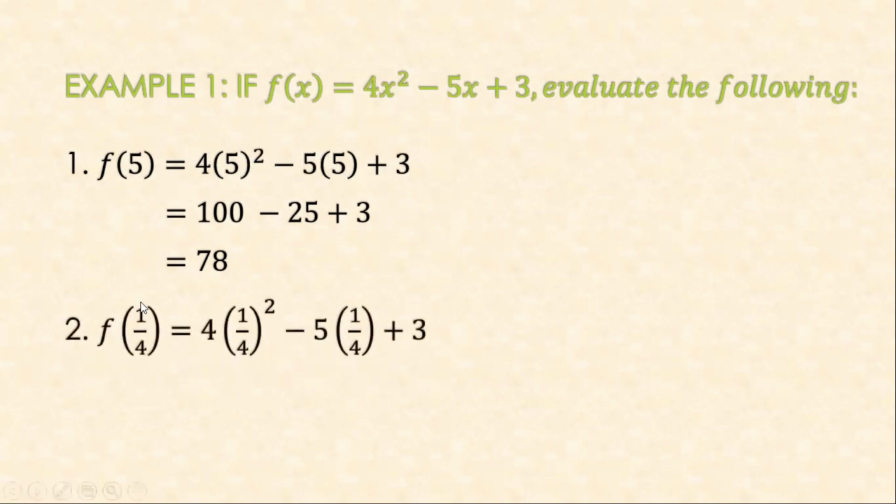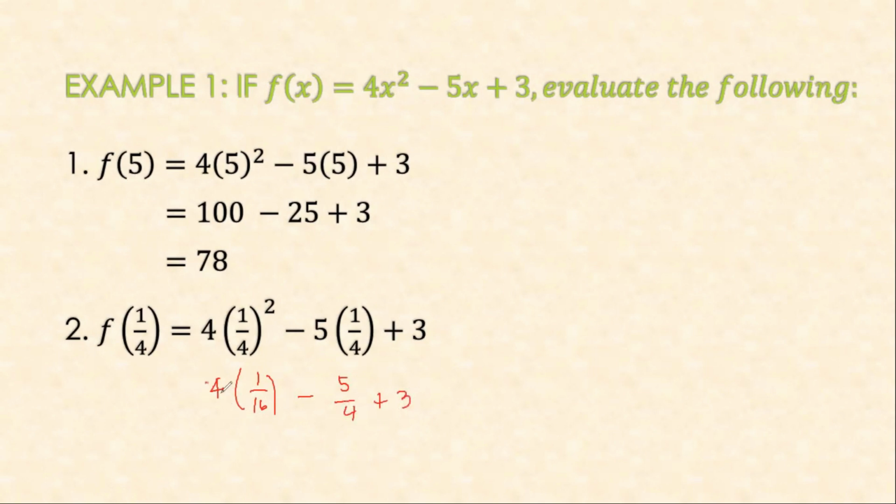Second example, what if our x is equal to 1/4? So we will just replace all the x, the variable x in the equation, with 1/4, and we simplify the equation. So we will have 4 times 1 over 16 minus 5 over 4 plus 3.